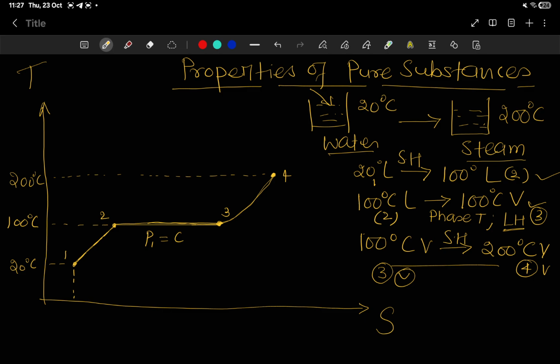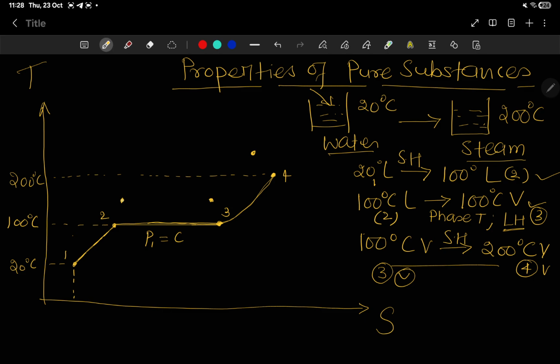So if I increase the pressure, we will get this point here and this point here.